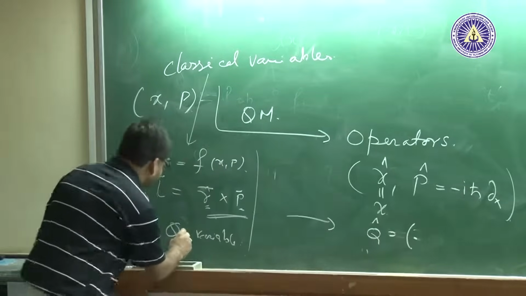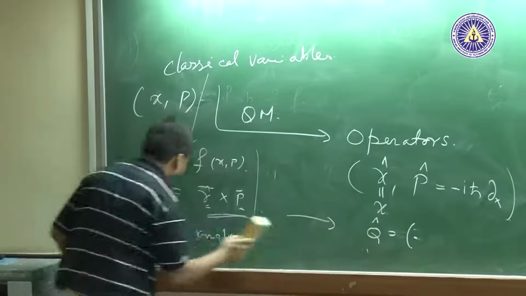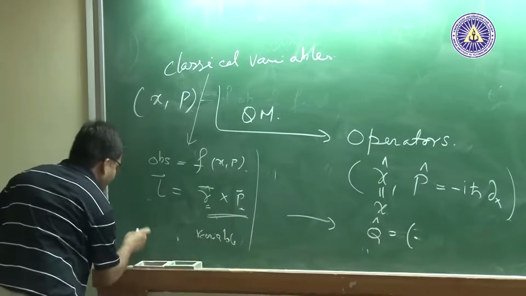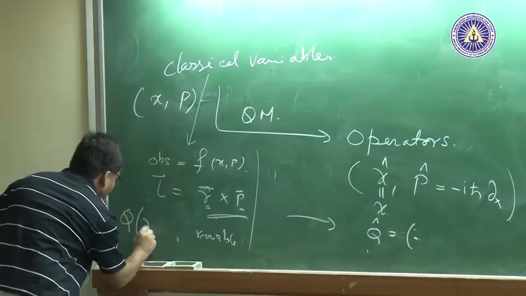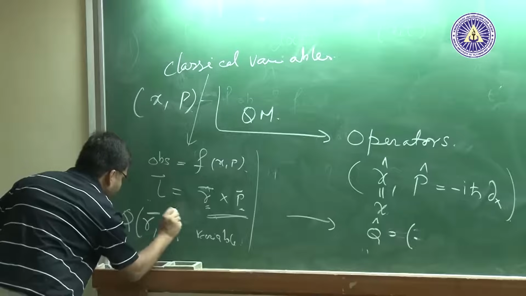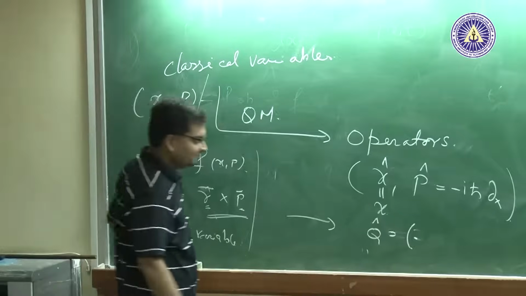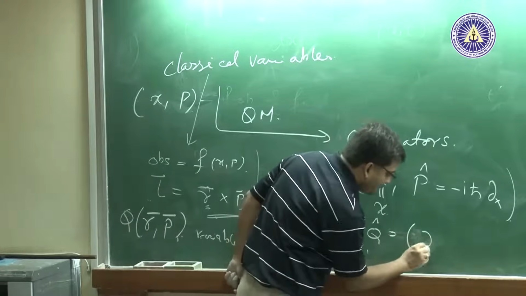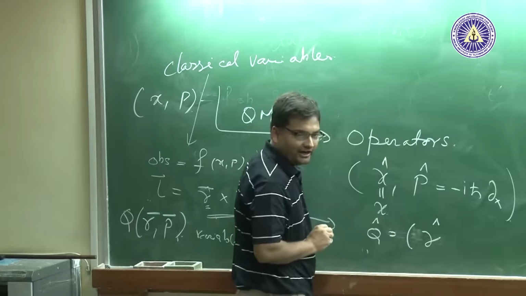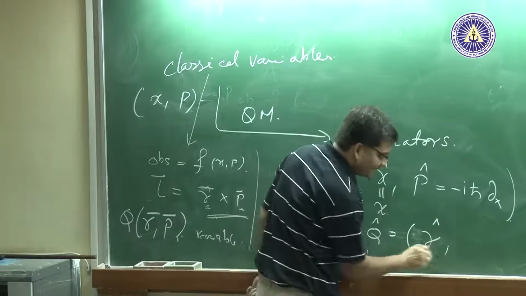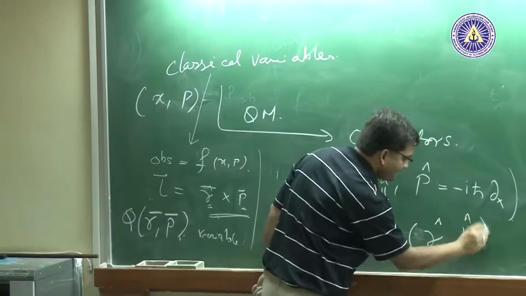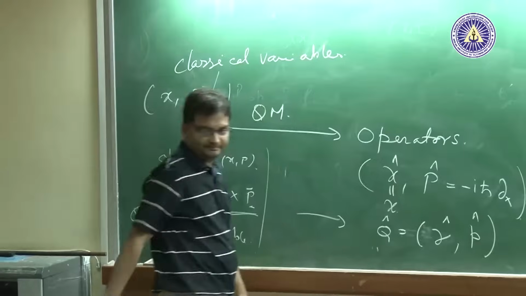This was a function of r and p in general; here it will become a function of r hat and p hat, where p hat is this operator.